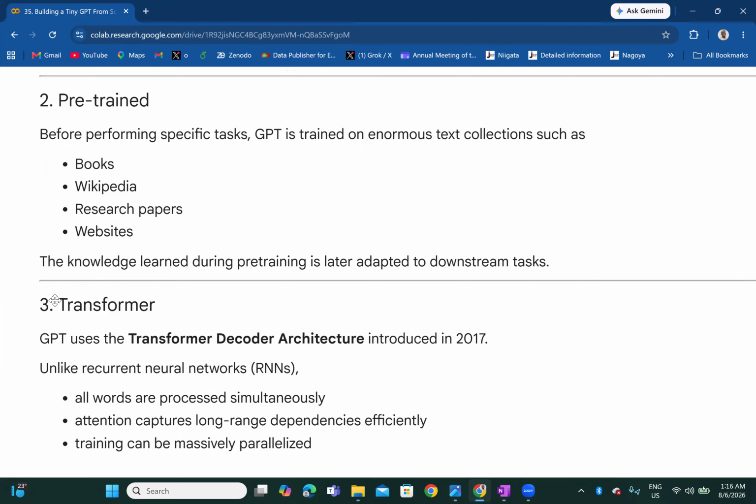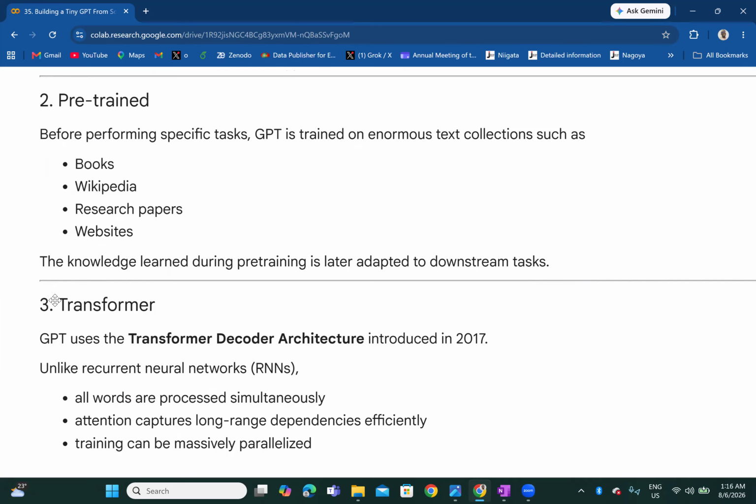It learns your habit, the way you type, which word follows which word. That's the pre-training in the context of your smartphone. But in the case of GPT, a model is trained beforehand on books, Wikipedia, research papers, websites, and all kinds of information that might be available.